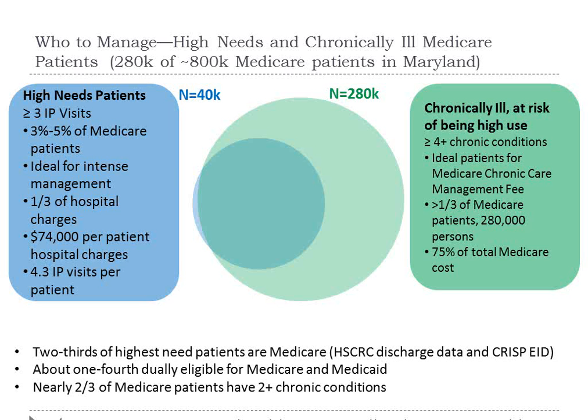That's about 280,000 people in the state, and those 280,000 people make up about 75% of total Medicare costs. And that's not just hospital costs, but all Medicare costs.